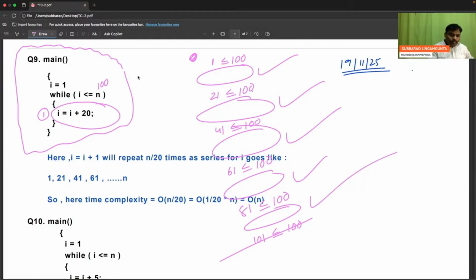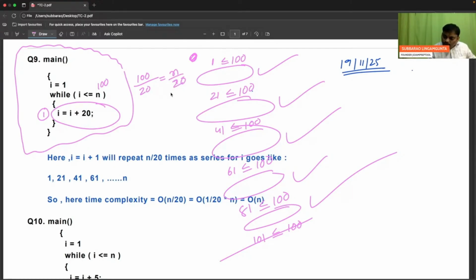So n value 100, every time incrementing 20, only 5 times. What is the reason? Remember, 100 by 20. If you always increment by 20, the loop runs 100 by 20 times, which is nothing but n by 20 times.